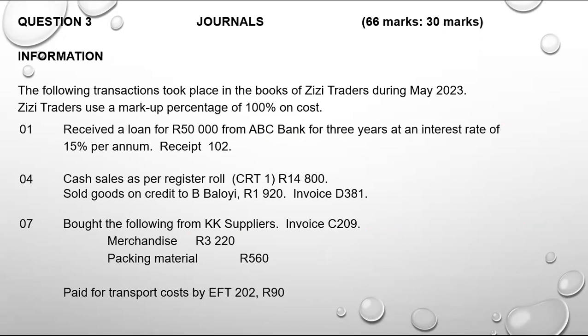And you just have to remember what each journal is meant for. In the cash receipts journal, we only record money received. Cash payments, we record money paid out.